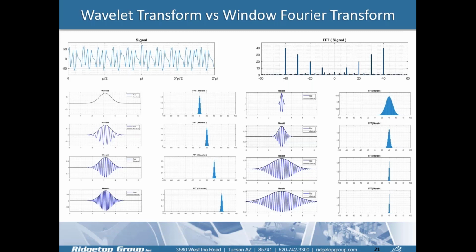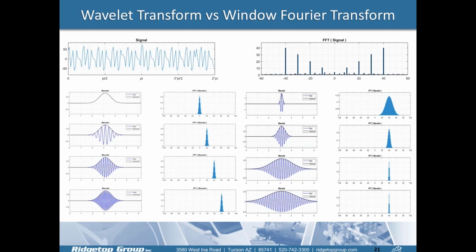Practically, this wavelet is multiplied by the signal, and where the wavelet is 0, the signal goes to 0 and is not considered, and just the non-zero part is studied. This wavelet shifts through time, so we can analyze different parts of the signal at different time zones.